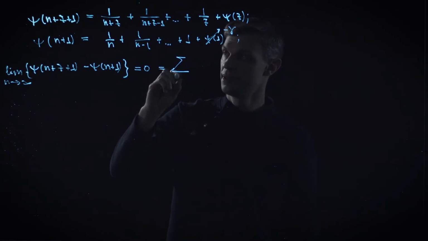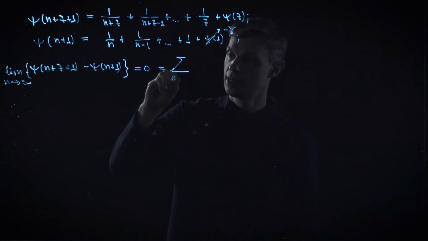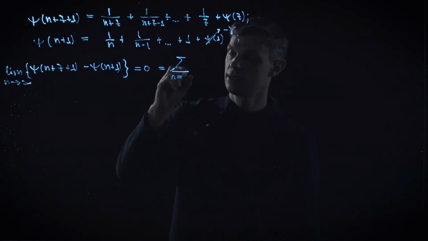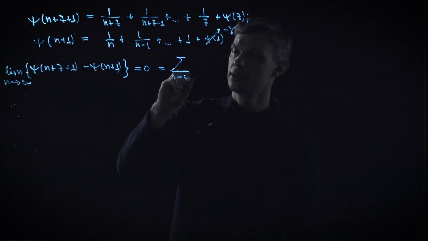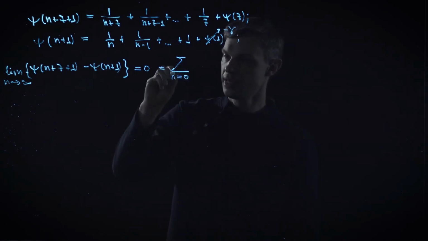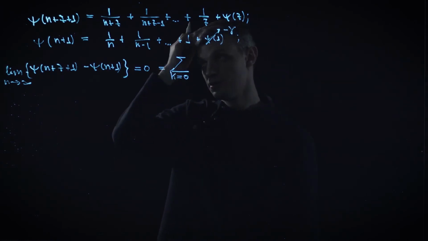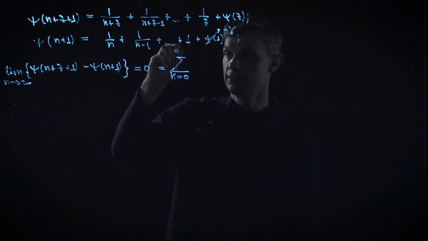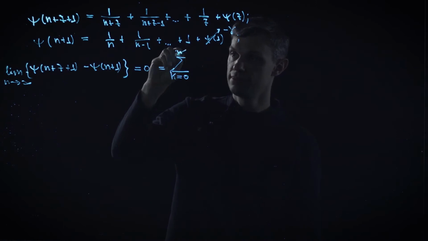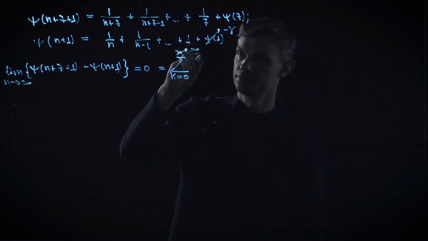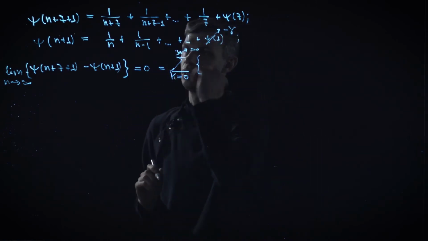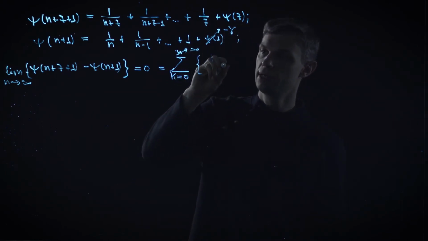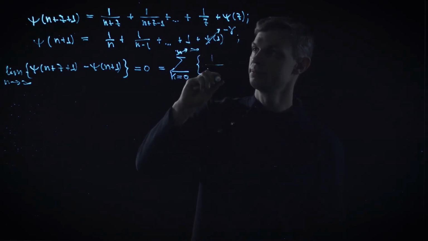So let's write them as follows. k going from 0 to n, but n tends to infinity, 1 over k plus z.